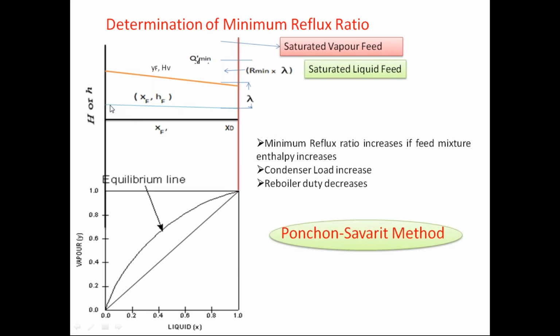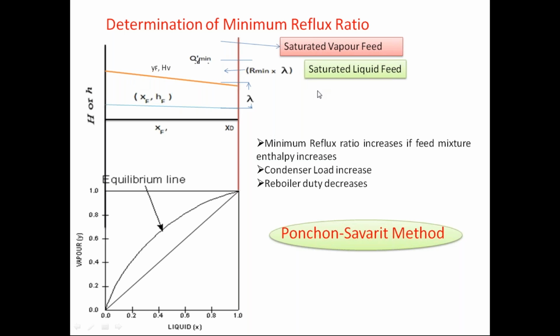If the liquid mixture is a saturated liquid, then all the points at different concentrations will fall on this line, so it becomes the saturated liquid line, drawn with the saturated liquid compositions and their enthalpies. Enthalpies means the heat contained by the saturated liquid mixture, and this other line gives the saturated vapor enthalpies versus its concentration.